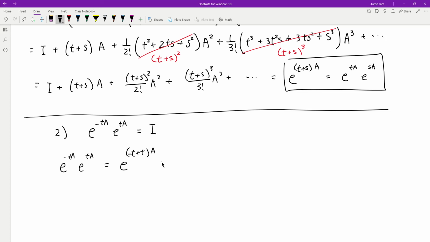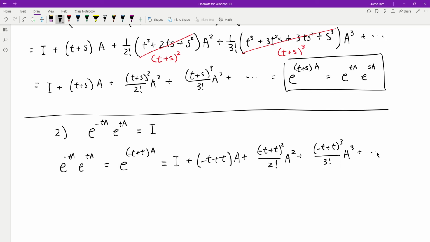And essentially what that means is that we're forming this summation right here. And as you can see, this turned out to be 0, that turned out to be 0, that turned out to be 0.